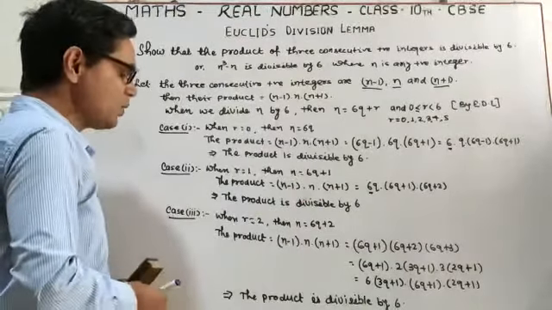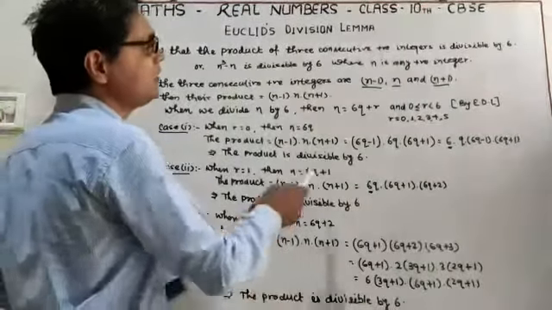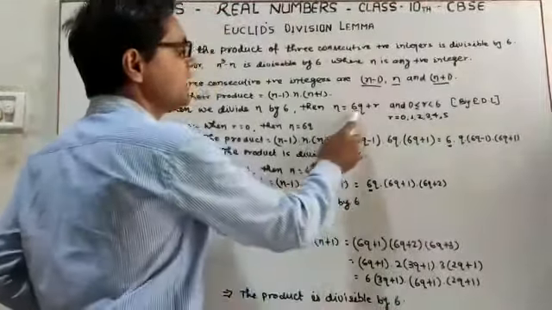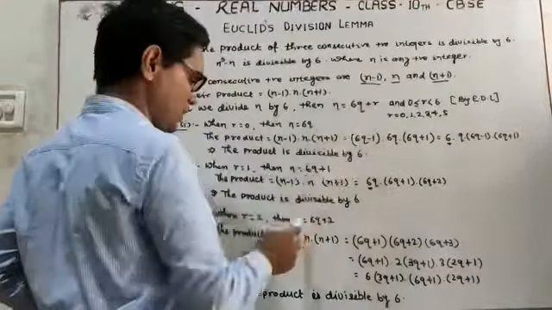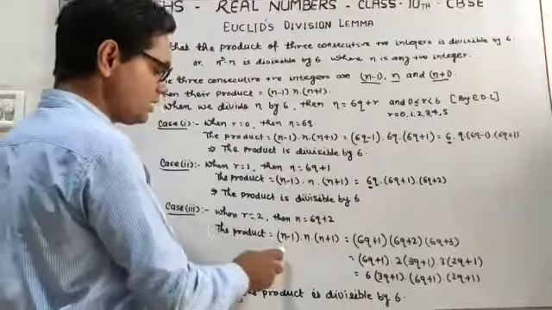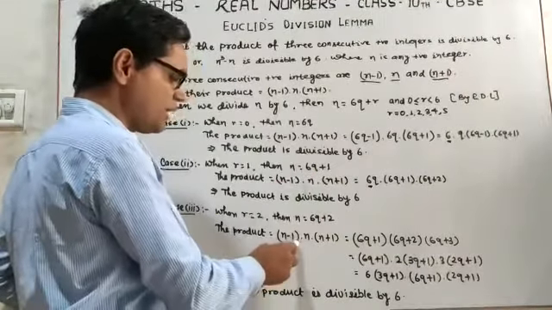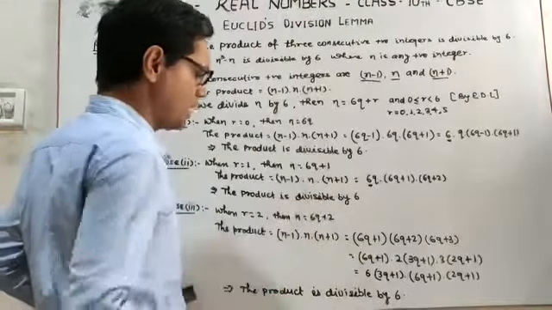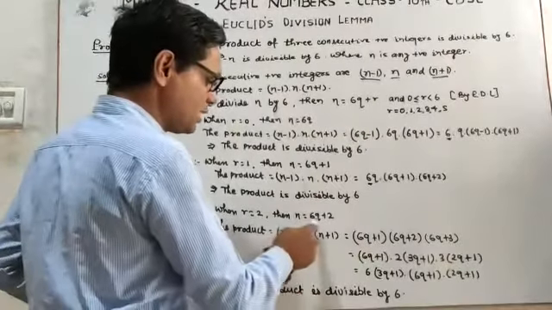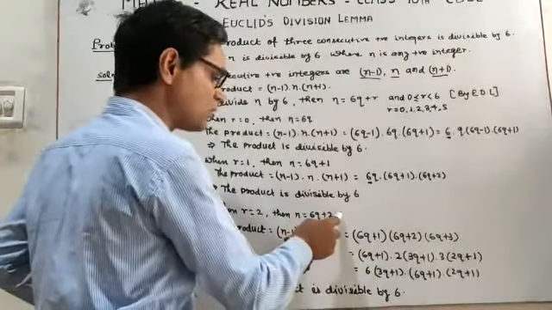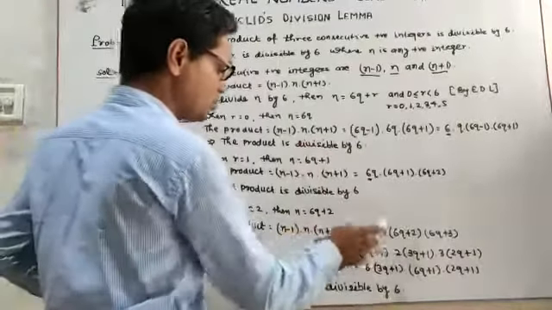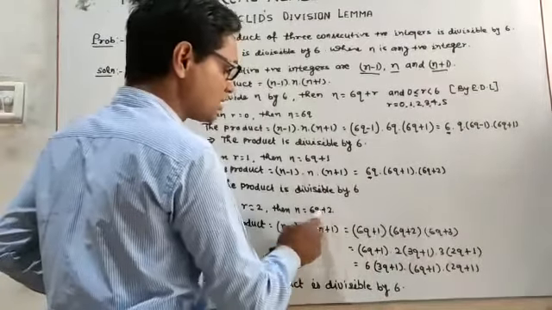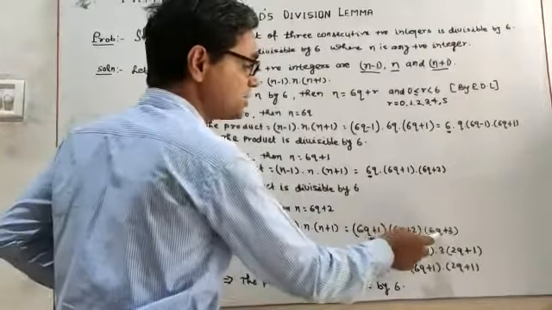Case 3, when r is equal to 2, then n is equal to 6q plus r, that means 6q plus 2. The product is equal to n minus 1 into n into n plus 1. N minus 1 means 6q plus 2 minus 1, that means 6q plus 1. N is 6q plus 2, n plus 1 means 6q plus 2 plus 1, that means 6q plus 3.